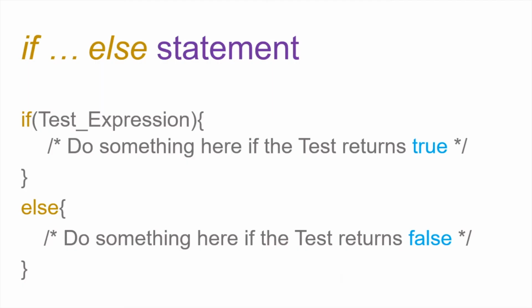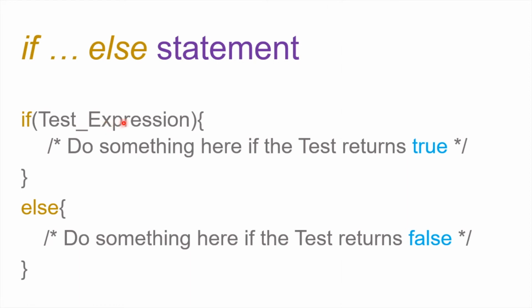In this case, we're going to introduce this if-else statement. It's very intuitive. You can guess what it means from there. An if statement will initialize a test, like the other tests we have in the while loop and for loop.